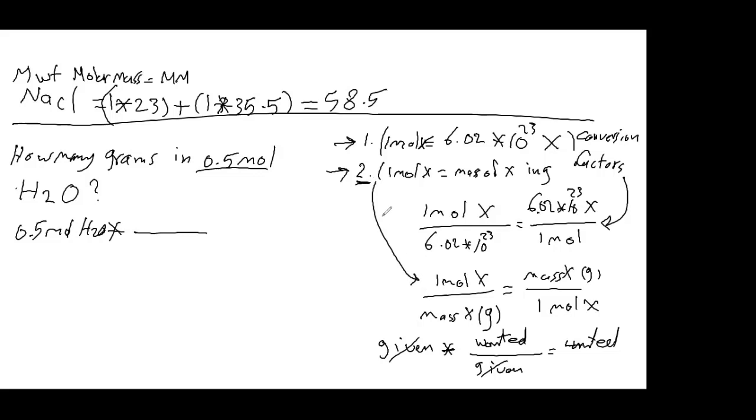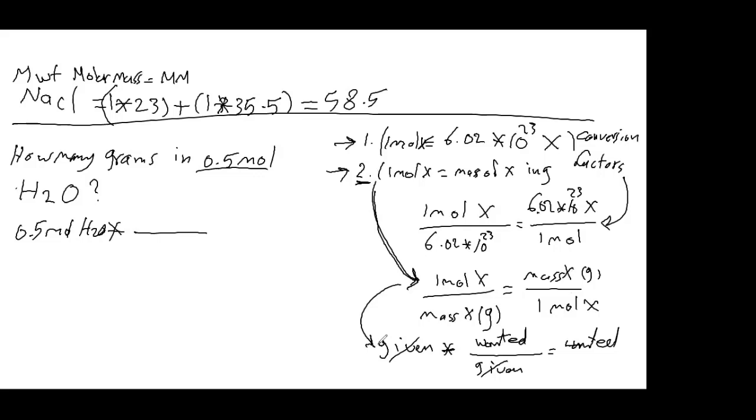Now, this factor, we said it will be either 1 mole of X, where our X here is water, divided by the mass of water, or the mass of water divided by 1 mole. Always remember this formula of dimensional analysis: given times the wanted on the top, the given on the bottom.